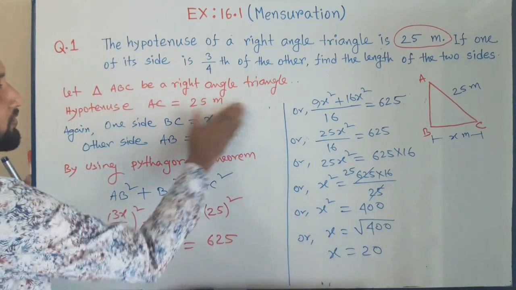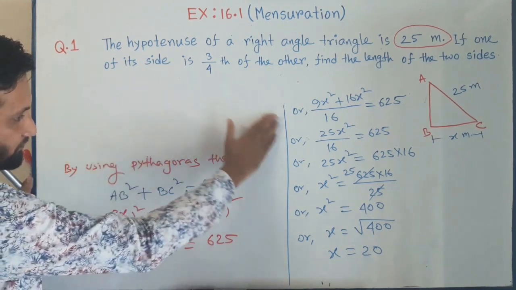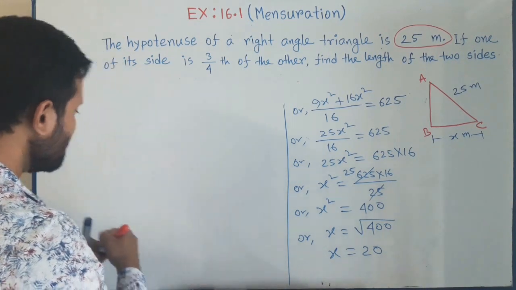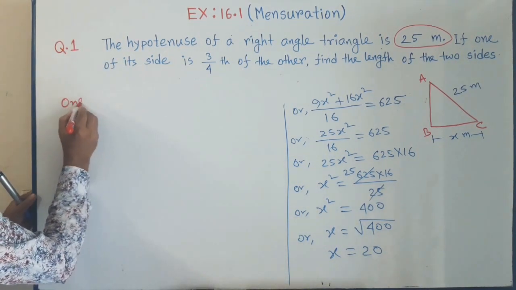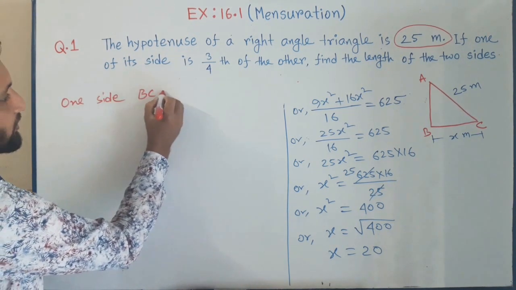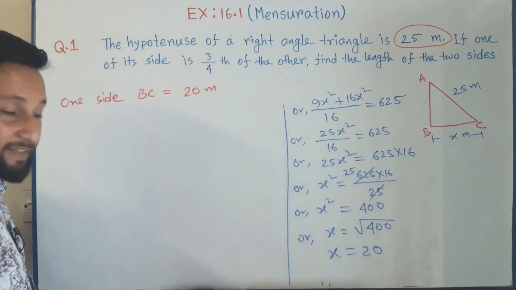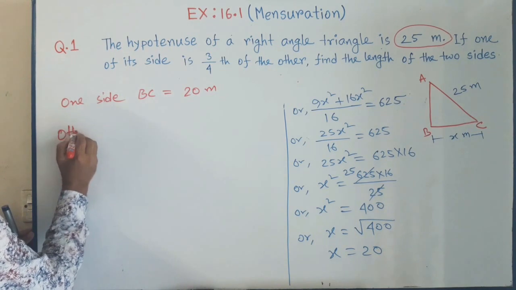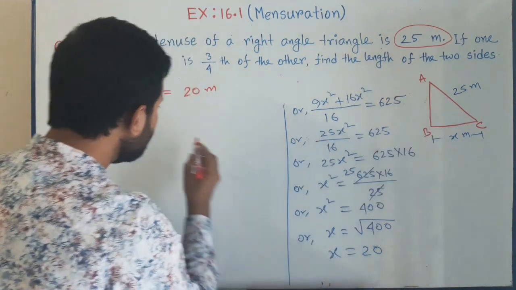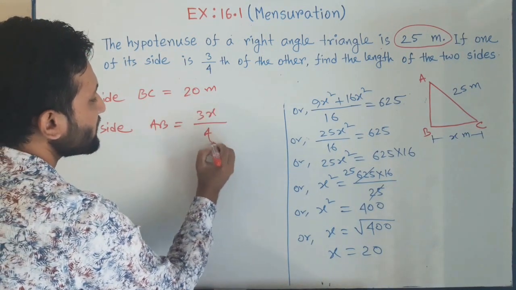Now, next part. Here we can say that one side of this right angle triangle, BC, equals x, that means BC equals 20 meter. And the other side AB equals 3x by 4 meter.